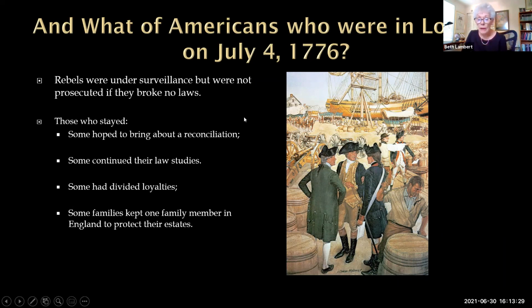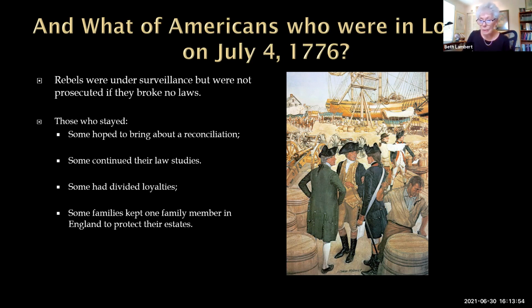They were under surveillance, but they weren't prosecuted if they didn't break any laws. There were those who stayed rather than return, hoping to bring about a reconciliation. There were a lot of law students at the time. Edmund Burke was at Middle Temple Law School with William Franklin, Benjamin's son.